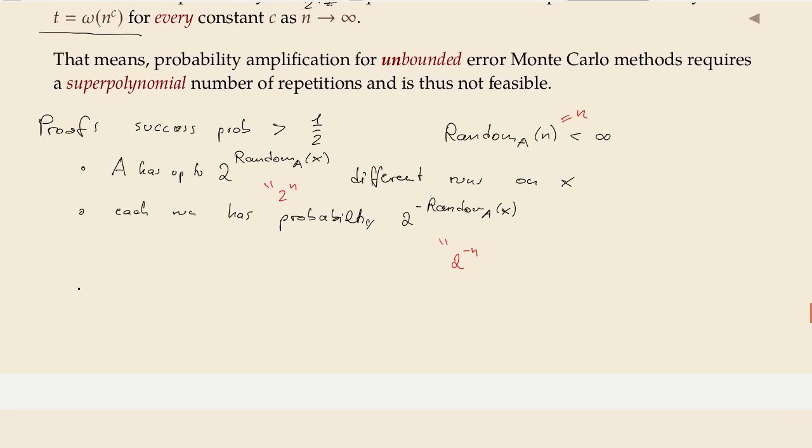So as above, the event that the majority vote fails is that this x is less than T half, where x again is binomially distributed. T times we repeat something, and the probability to succeed is p.